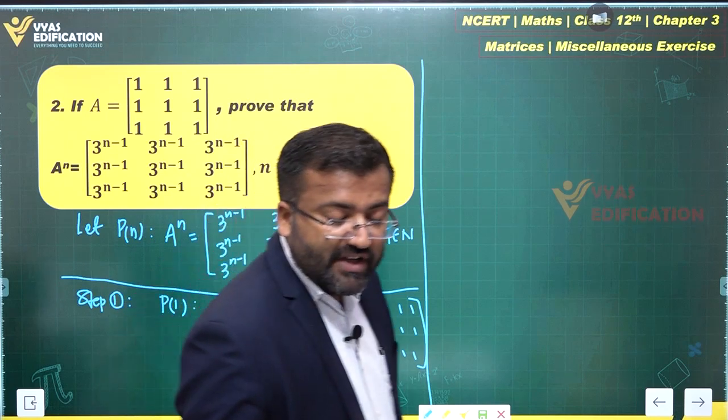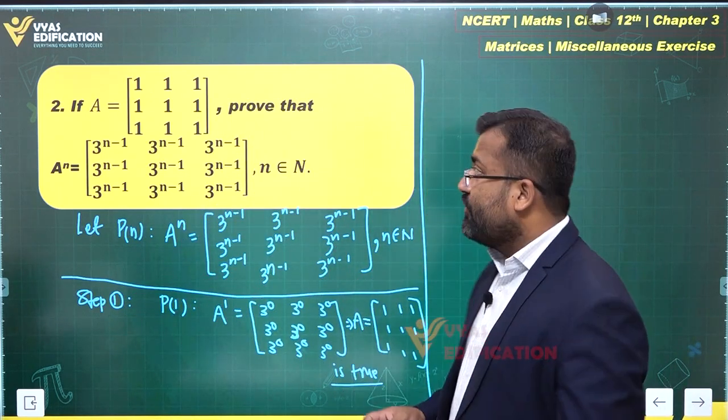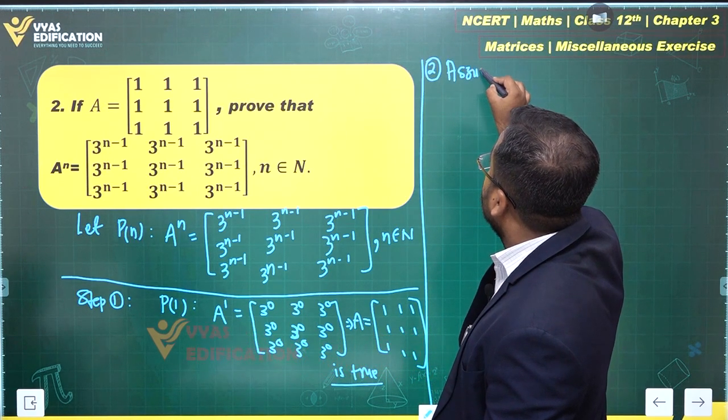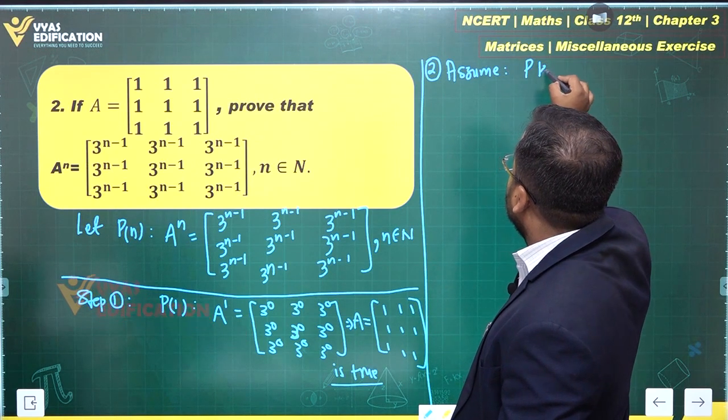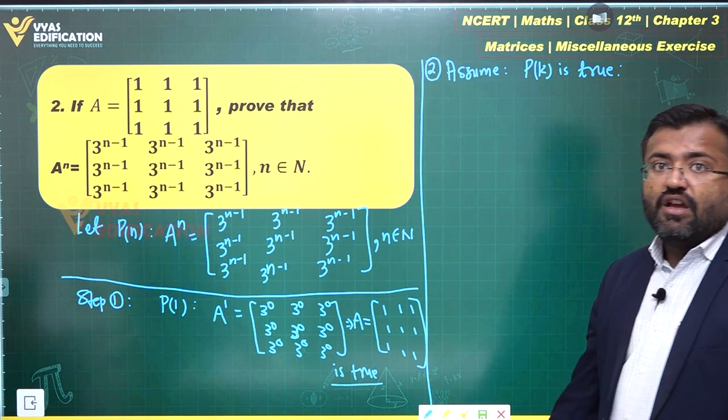Once you have found that P1 is true, the next step is Pk. Assume that Pk is true.